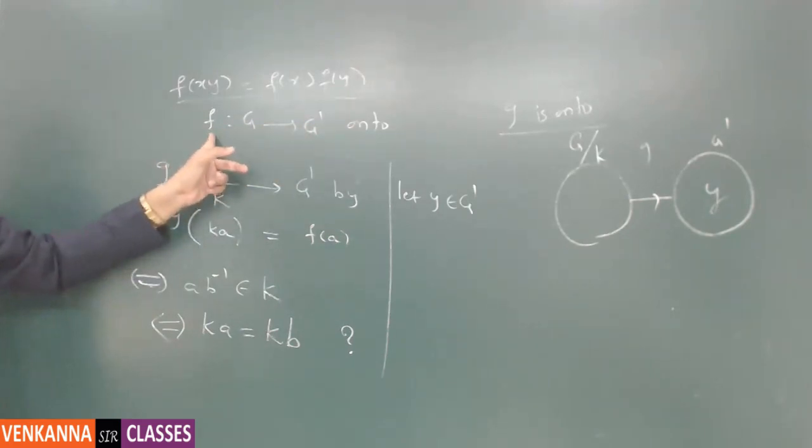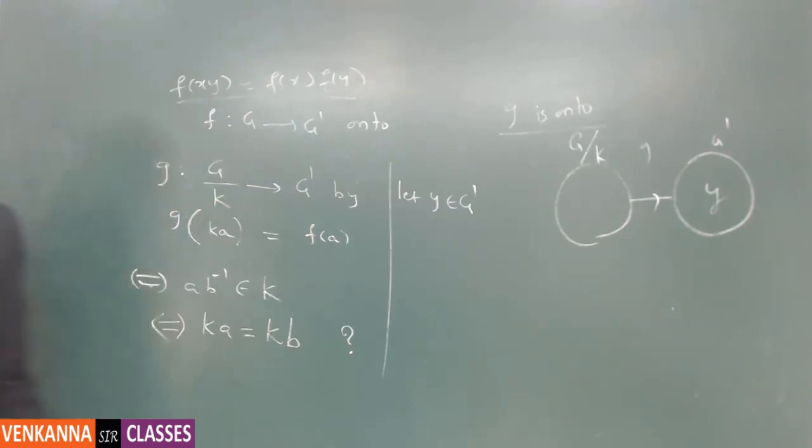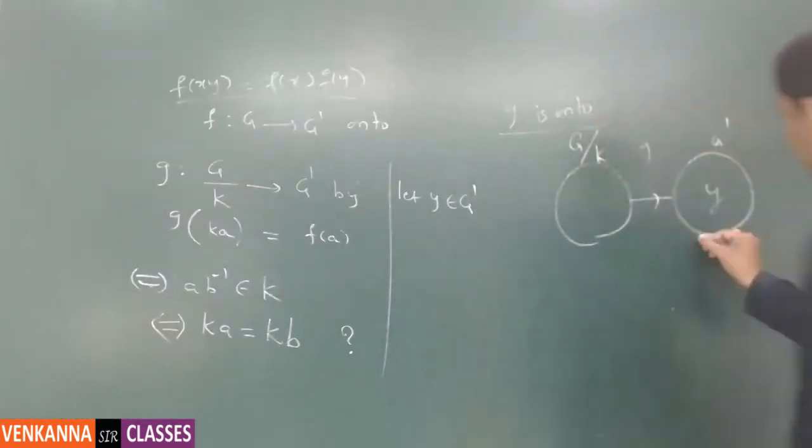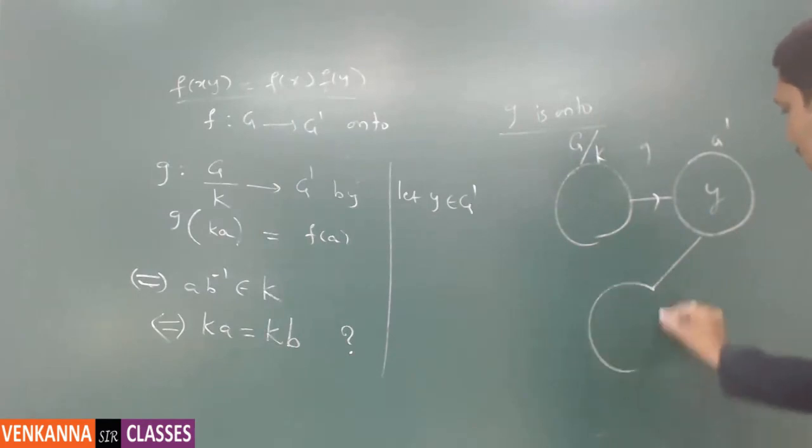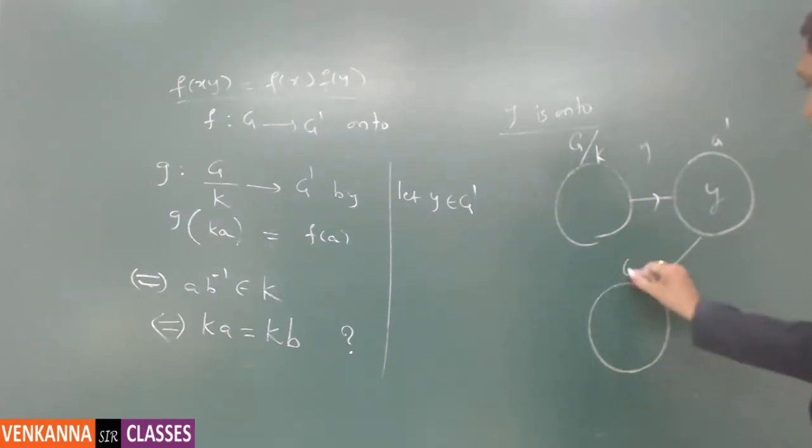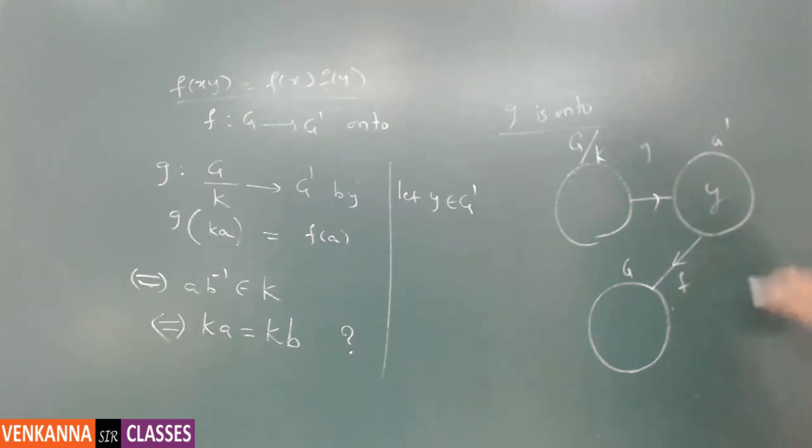Accepted? As per the problem statement. So for every element in G dash, you will get an element in G, because the function f is there.